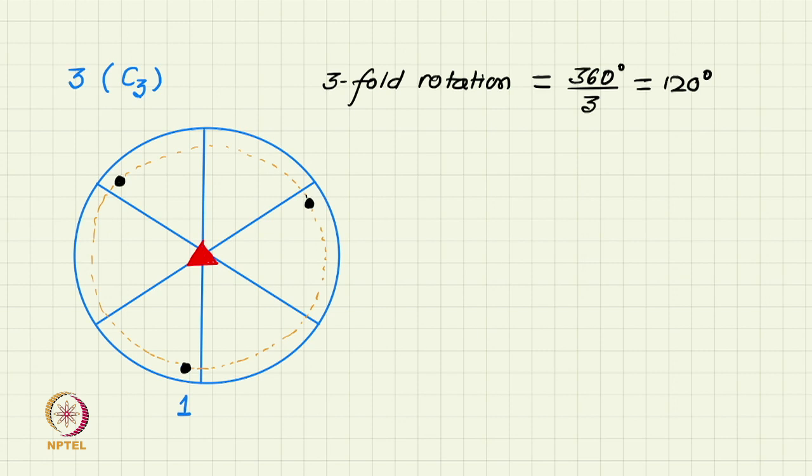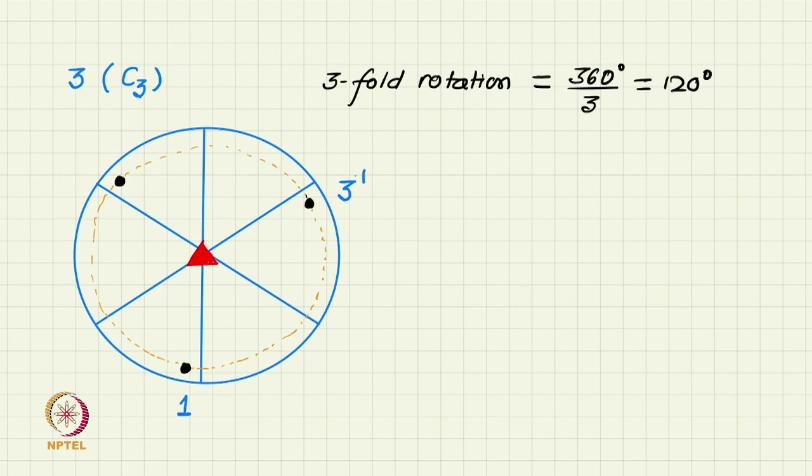Then I rotated by 120 degree. So, that is a threefold rotation and I am taking it counterclockwise. I could have rotated 120 degree counterclockwise or clockwise. So, the counterclockwise rotation is considered to be the positive rotation.